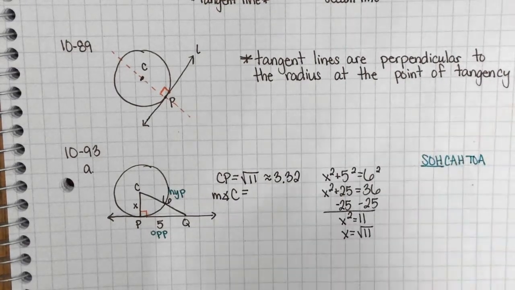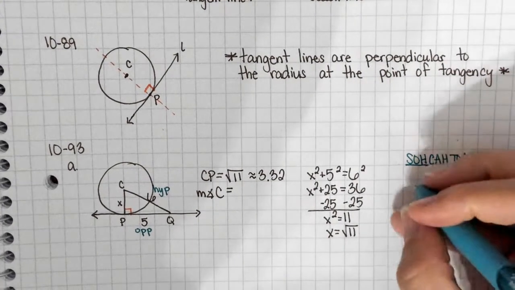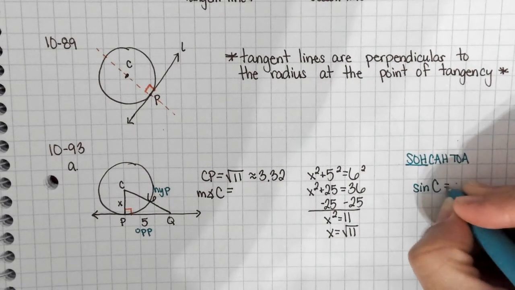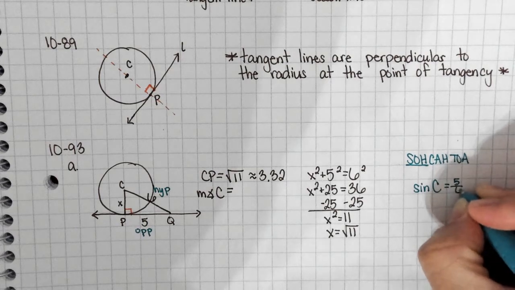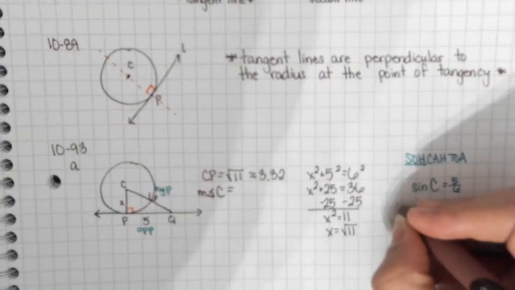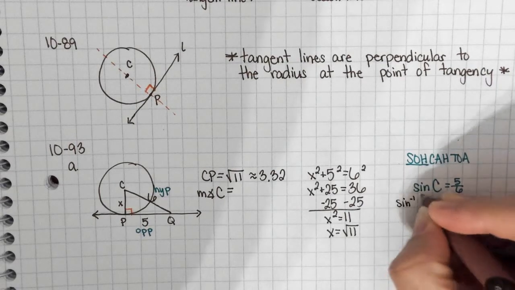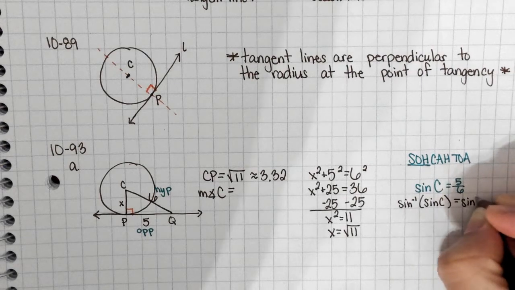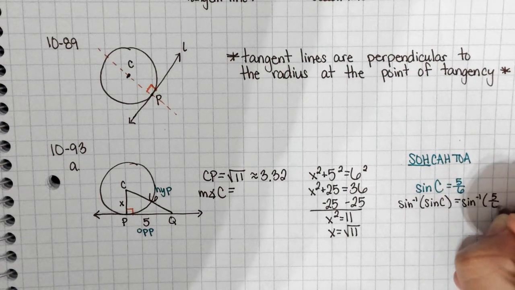That lets us know we're using sine here. So sine of C is equal to 5 over 6. Remember here you do inverse on both sides. So sine inverse of sine of C equals sine inverse of 5 over 6.